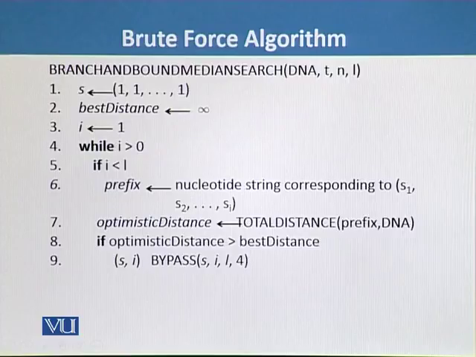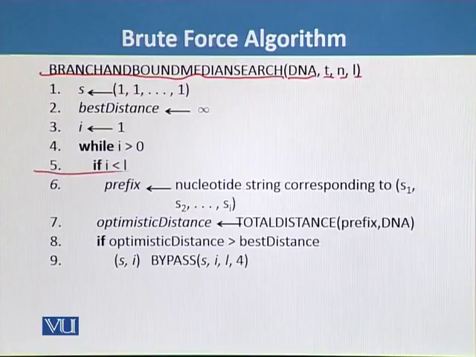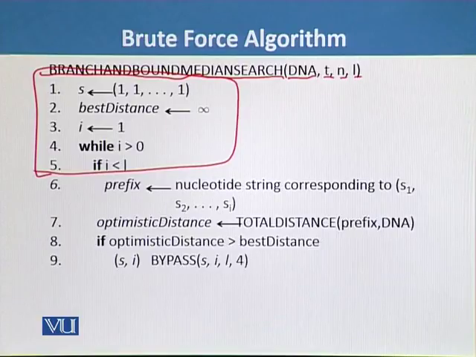We will see the next algorithm, that is the branch and bound median search algorithm, with the same inputs DNA, T, N and L. Here the first 5 steps are identical to what we have seen in the previous simple median search algorithm. From step number 6, another algorithm is inserted within the simple median search algorithm.